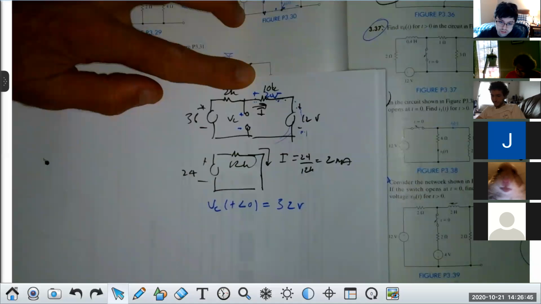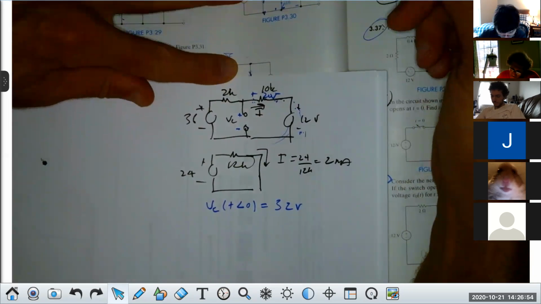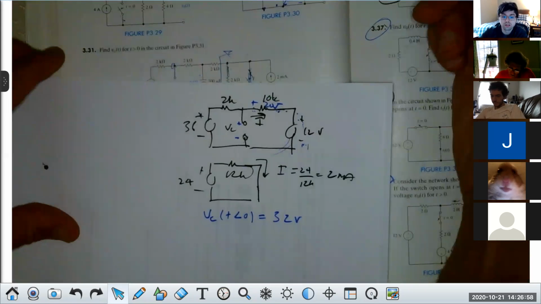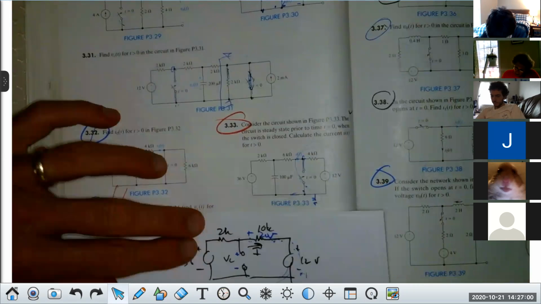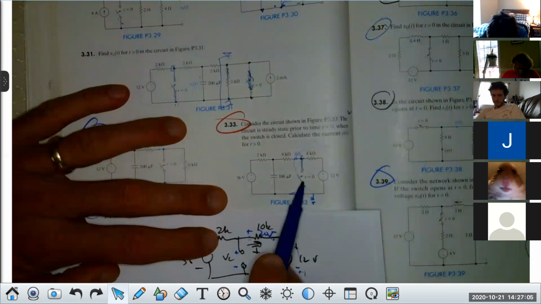All right, now once I have that, the next thing I need is the voltage as T goes to infinity. Let's re-examine this circuit. Here, this is 33, right? Now take a look. When this switch closes, what happens?